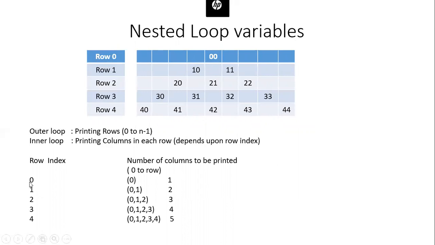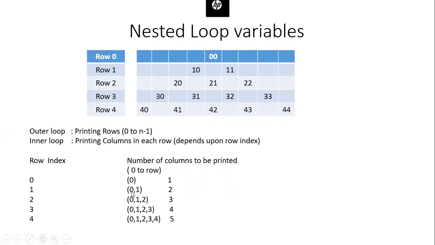If you consider row 0, in that I need to print one element. So I need to run the loop from the index 0 up to row. Here, the row index is nothing but 0. So run the loop from 0 to 0. That is one time you have to run the loop. If you consider the row with index 1, that is the second row, you need to run this from the index 0 up to row.